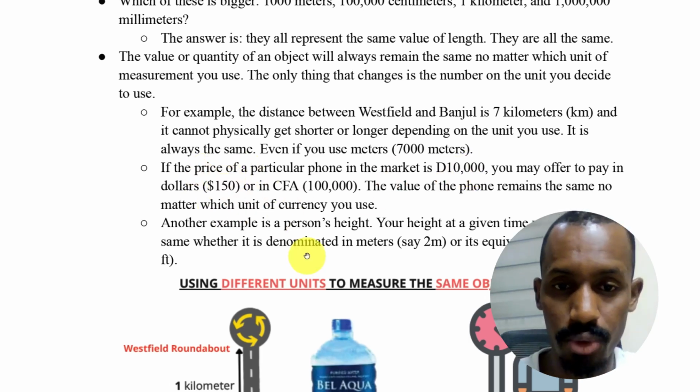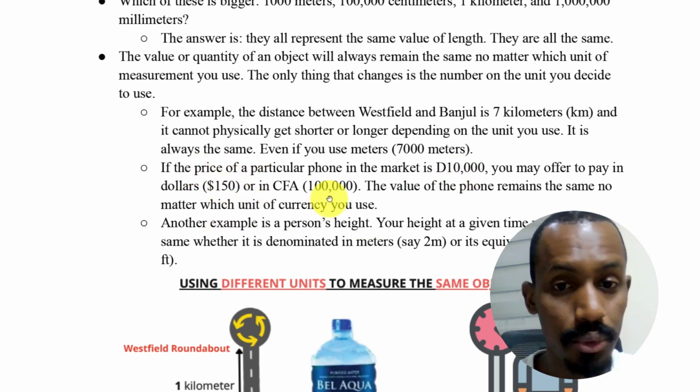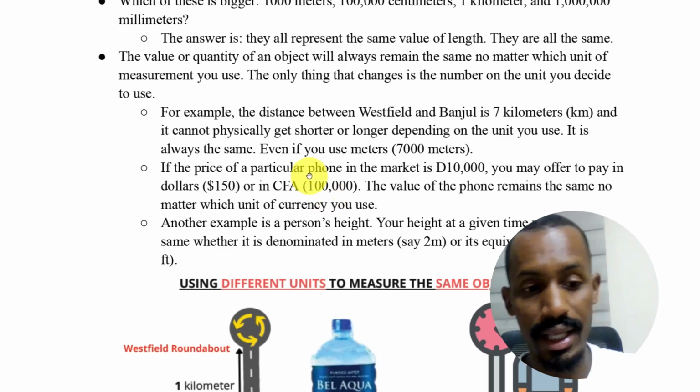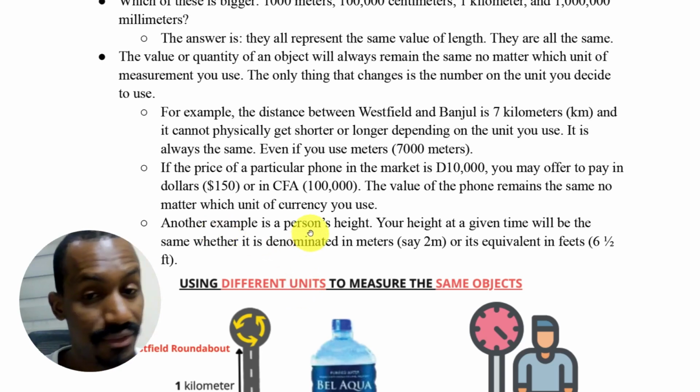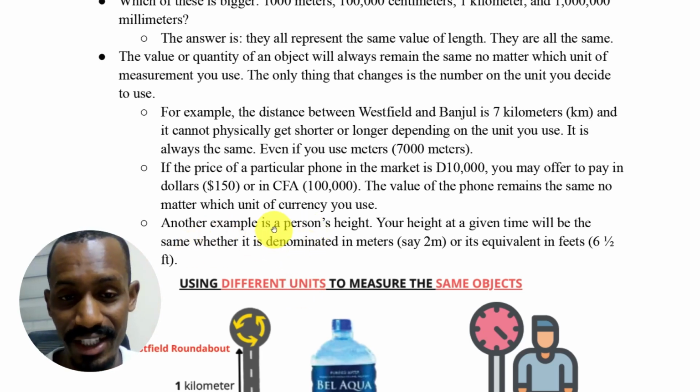So it's the same thing with units. This length here will be the same, but if you use different units, you will have different numbers, but the length will always be the same. Another example, I've given a lot of examples here, is a person's height.